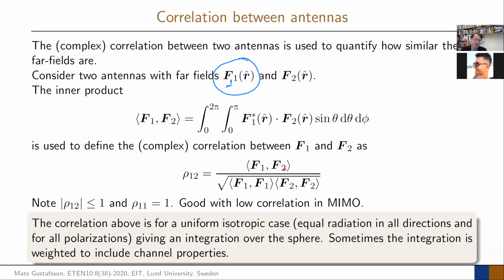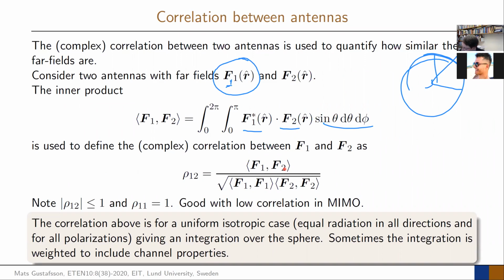We just measure their similarity. That's called the correlation between them. If you have one radiation pattern and another radiation pattern, you multiply them, of course over the entire sphere. You have to weight it over the sphere, so you integrate this with sine theta d theta d phi. And then you say they are similar or they are different.